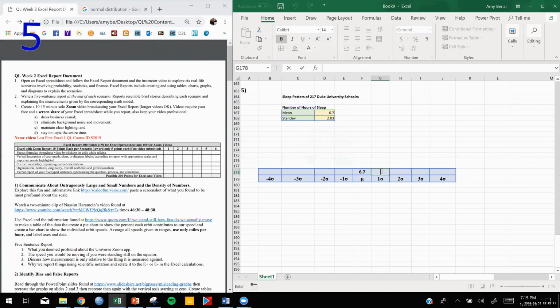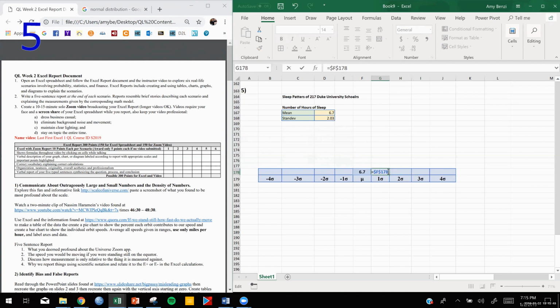Now I know that this next cell is going to be my mean plus 1 standard deviation, my mean plus 2 standard deviations. So let's see how we can make that happen. I'm going to press the equal sign. And then I want to do my mean, so I can just use this cell here. Now, I want my mean to stay the same no matter what I do to all these other cells. So just to save myself from typing this in a bunch of times, I'm just going to lock this in here.